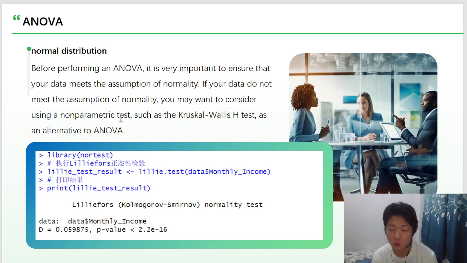Before the ANOVA, the important thing is that there are two assumptions. The first is that the data must be normally distributed. Because our data set is large, over 5,000, I use this test to test it.